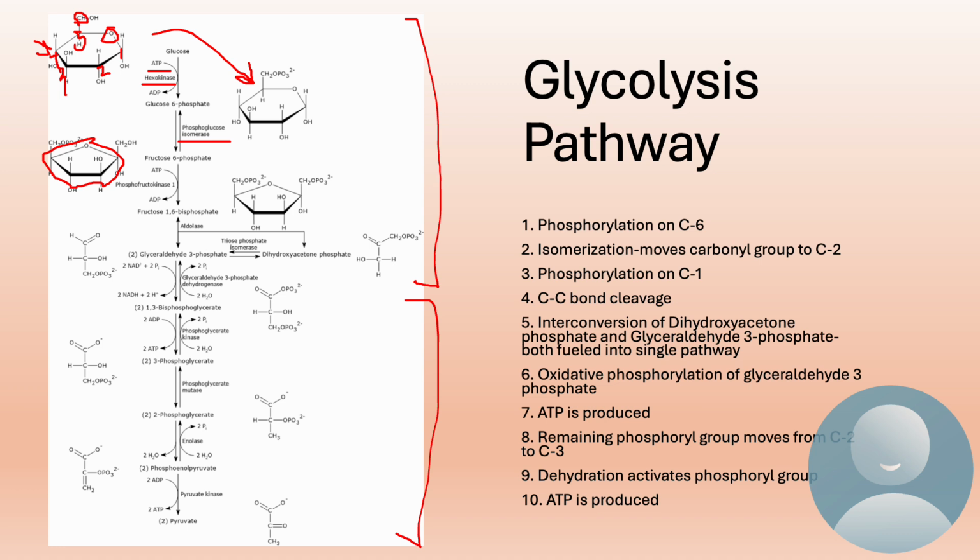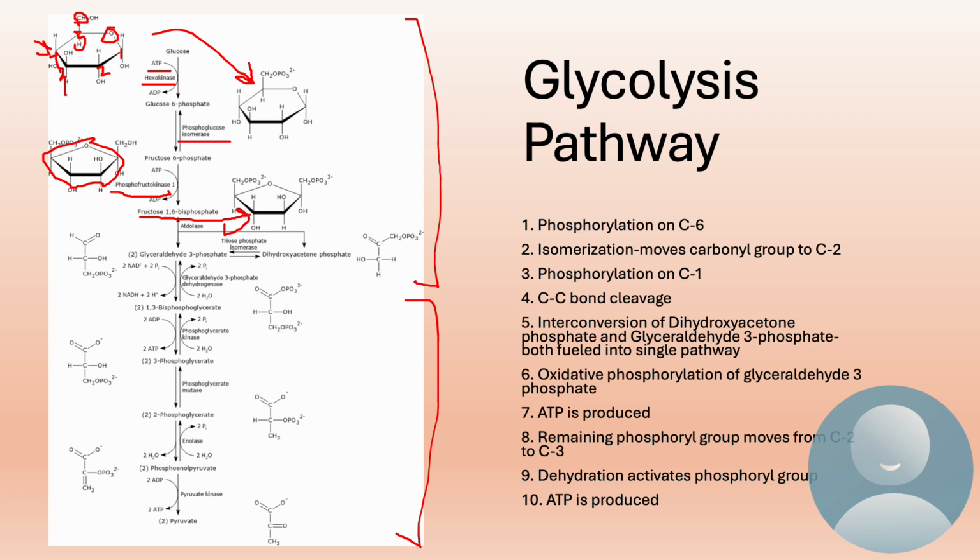Now we have another phosphorylation on carbon number 1, which is catalyzed by phosphofructokinase 1, yielding fructose 1,6-biphosphate, and that's this guy right here.